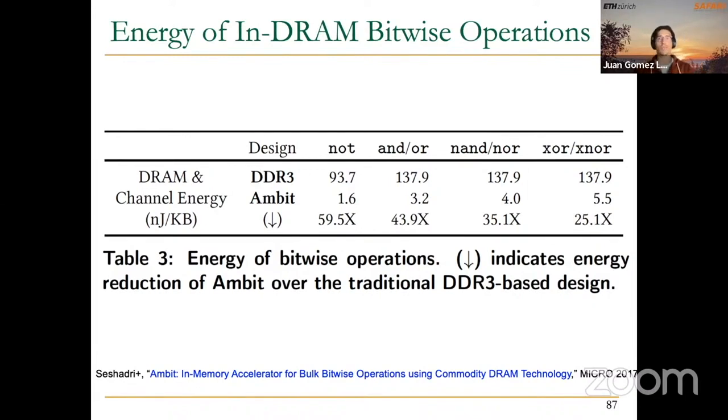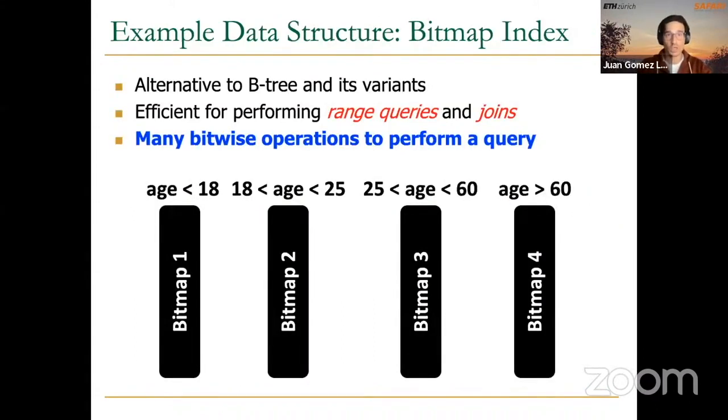I'm going to give you an example, because as of now we have seen only some results for bitwise operations, but we can use these bitwise operations for more complex algorithms or applications. For example, the bitmap indices that are used in some databases and essentially consist of performing queries on some data that resides in memory, for example, classifying users of a website by their age.